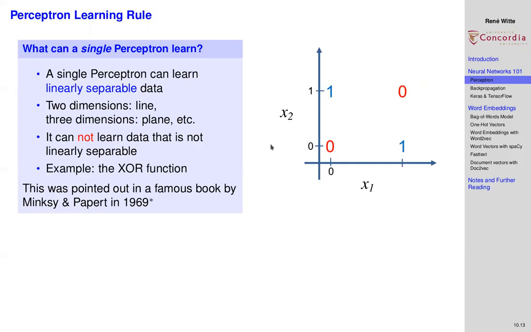And in fact, this was mathematically proven and pointed out in a famous book by Minsky and Papert that they published in 1969. This has the somewhat unfortunate side effect that this sort of killed interest in these artificial neurons. It was part of the so-called AI winter.